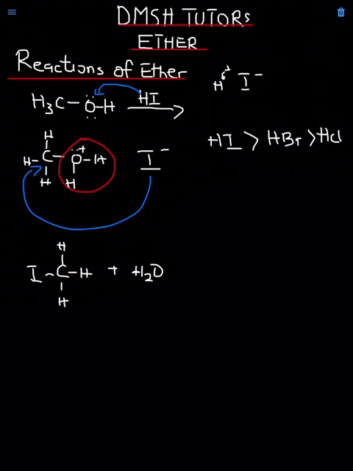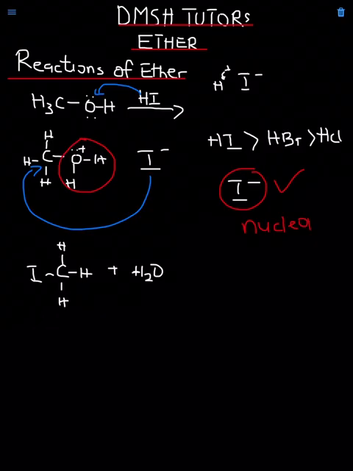The reason is that hydrogen iodide produces iodide, which is a very good nucleophile compared to bromide and chloride. So that's why these reactions go faster with the strong acid hydrogen iodide. Okay.